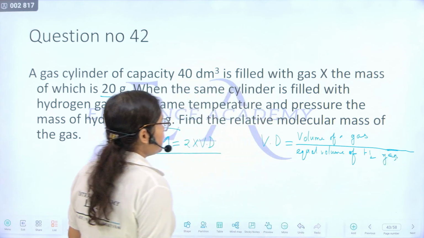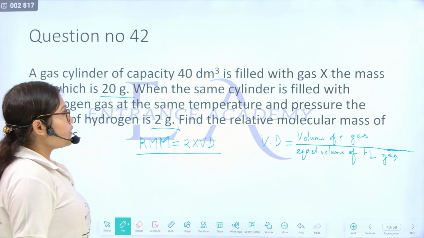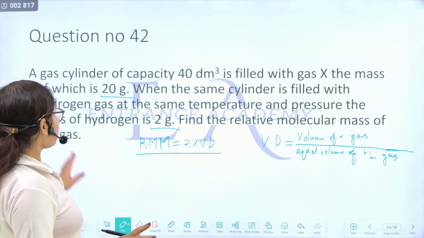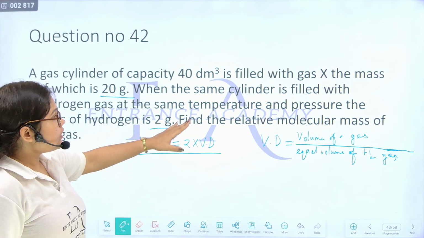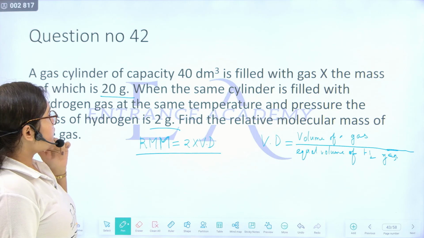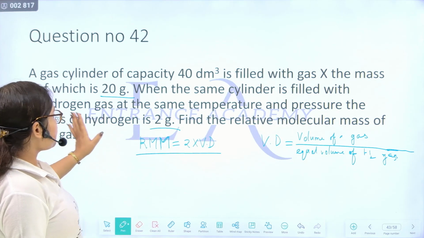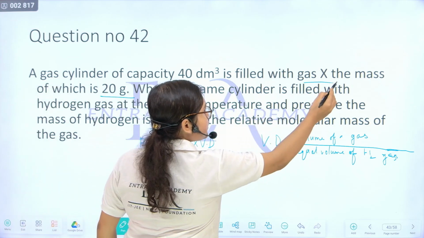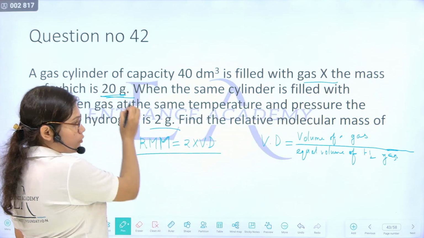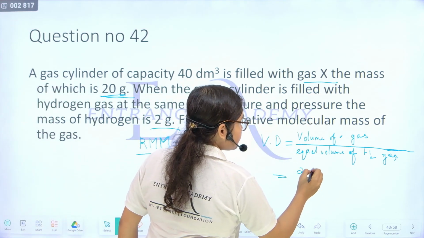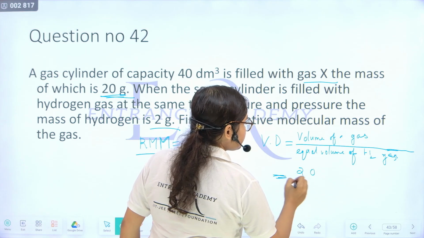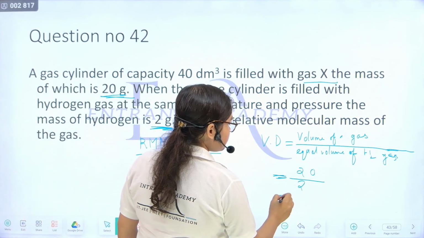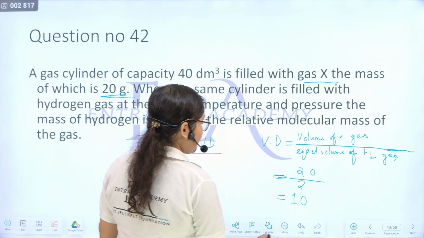In this question, the 40 decimeter cube cylinder is filled with gas X, the mass of which is 20 gram. When the same cylinder is filled with hydrogen at the same temperature and pressure, the mass of hydrogen is 2 gram. So the mass of gas X is 20, and hydrogen is 2. The vapor density is 10.